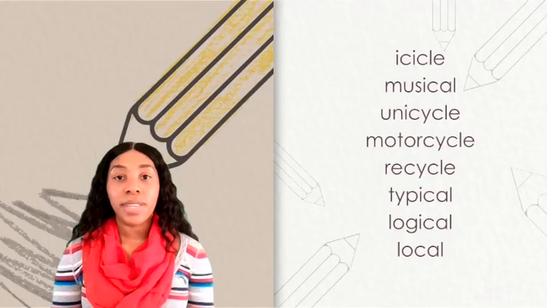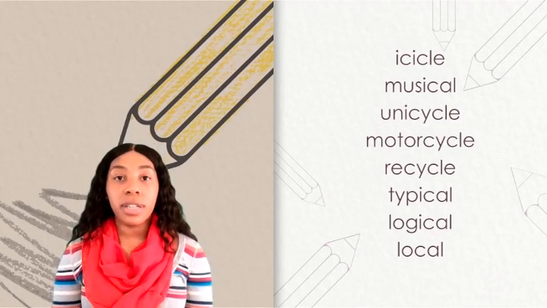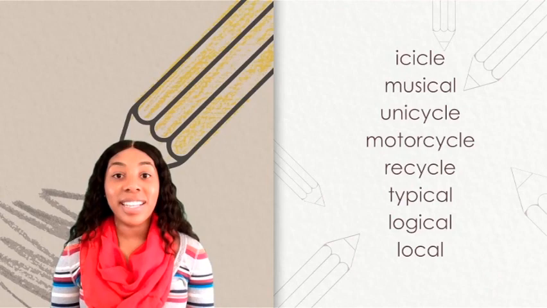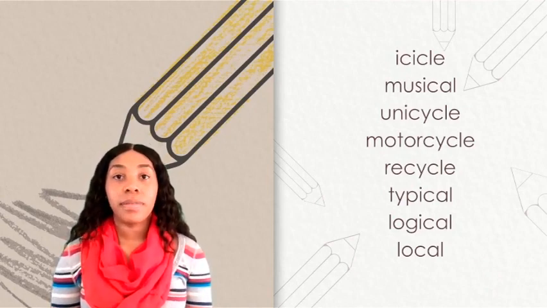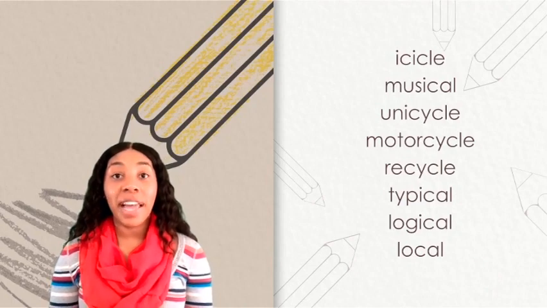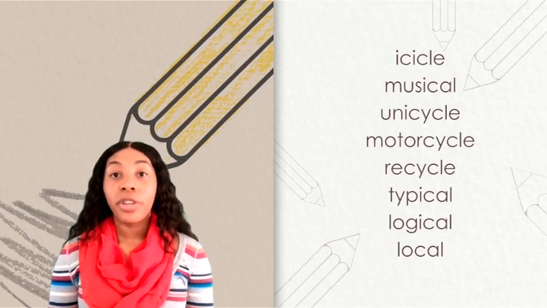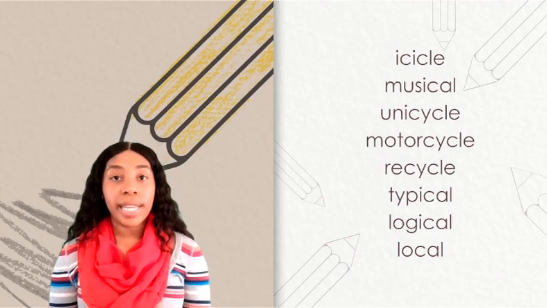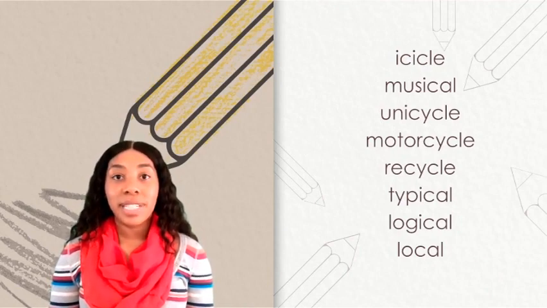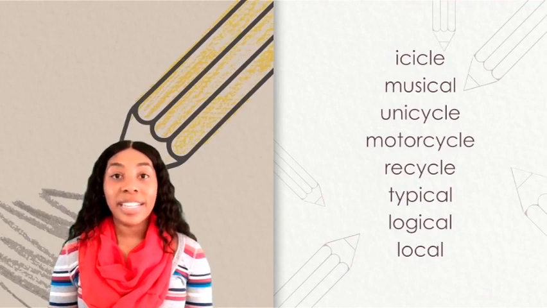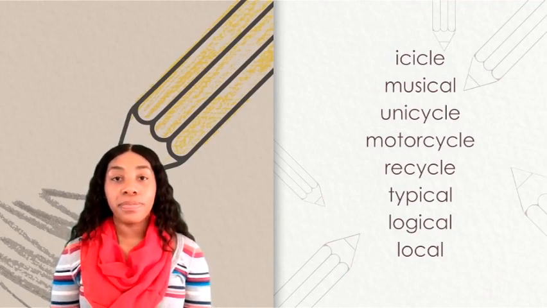Writing. For our last activity, let's use words with the CL sound to write a silly sentence. Here are some words that you can use. Starting from the top, we have the words icicle, musical, unicycle, motorcycle, recycle, typical, logical, local.